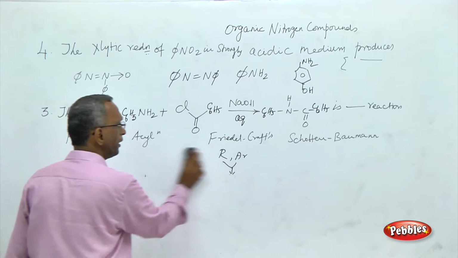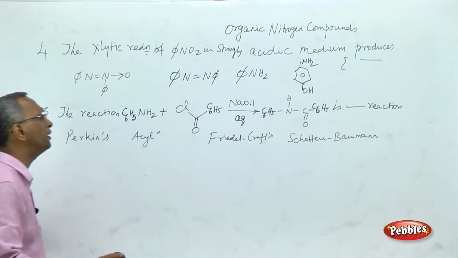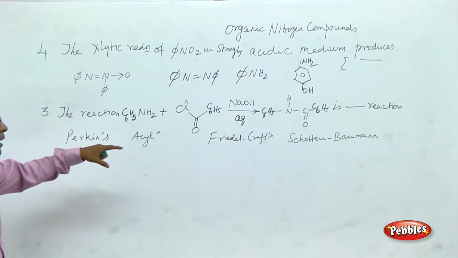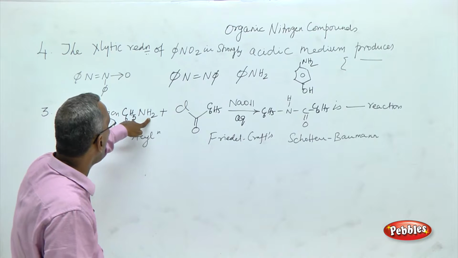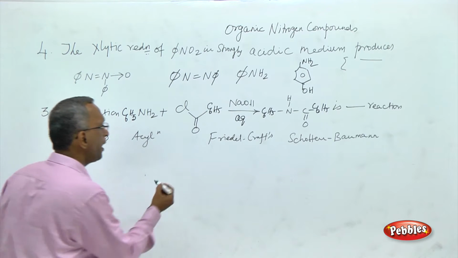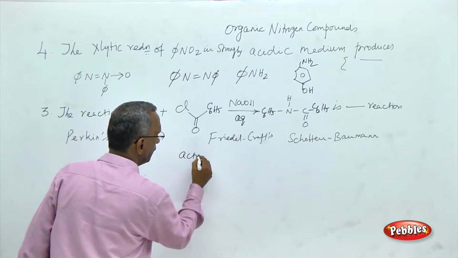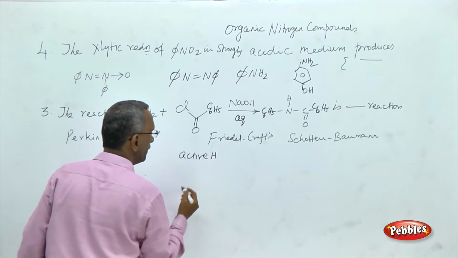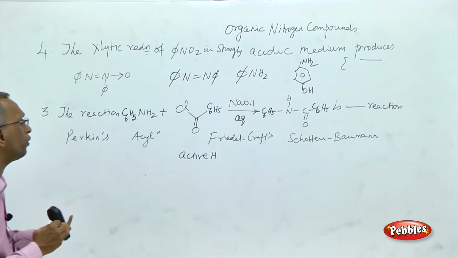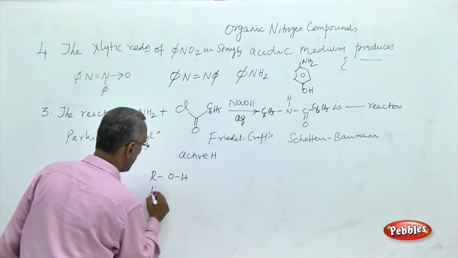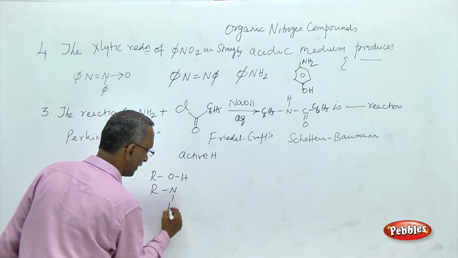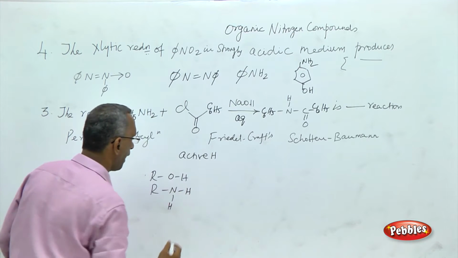The Schotten-Baumann reaction is the correct choice, because in the Schotten-Baumann reaction there is a compound, this amino compound, whose amino hydrogen is said to be active hydrogen. What is meant by active hydrogen? Hydrogen attached to oxygen or hydrogen attached to nitrogen. These are called active.